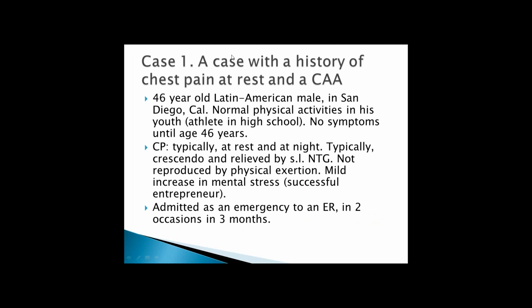The first case is a patient that started becoming symptomatic recently at the age of 46. He had normal physical activities until age 45, and basically started with angina at rest, especially at night. So suggestive of Prinzmetal angina.